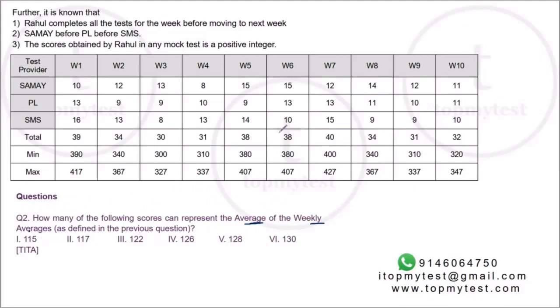Can the overall average, if I take the average of all this, be 345? This will be 351. This will be 366. Can it be 378? Can it be 384? 390? Can it be in any of these ranges?